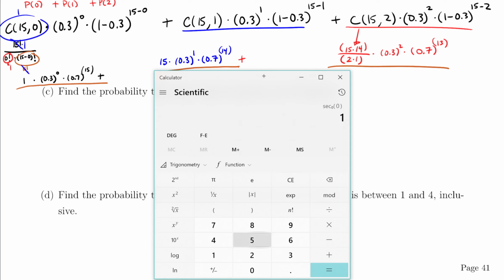So here I'm going to say 1 times my parentheses, I'm just copying exactly what I see written on the page, 0.3 exponent 0 times parentheses 0.7 close parentheses exponent parentheses for my 15 close the parentheses for the exponent, plus, reading left to right, 15 times parentheses 0.3 exponent 1 times 0.7 close parentheses exponent parentheses 14 close parentheses for the exponent, plus parentheses for the top fraction 15 times 14 close parentheses.